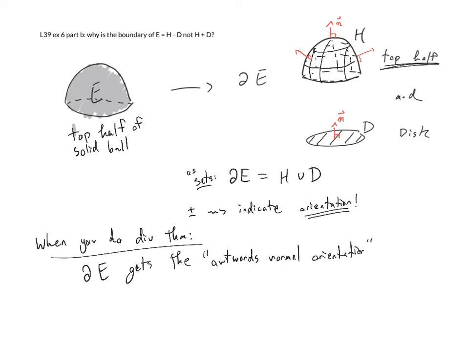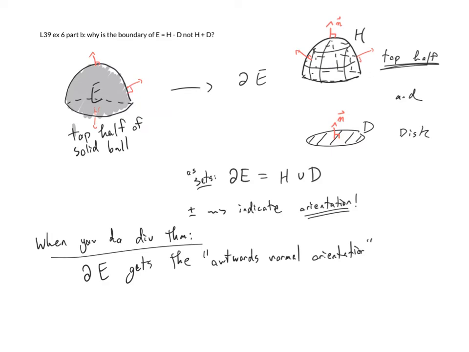What that means is over here, E is being given the standard orientation in XYZ space, but that means when you're up here at this part of the boundary, your normal vector needs to point out. When you're over here on the side, it has to point that way. And if you're on the bottom, it has to point down, because down is out of E, and up would be inside of E.